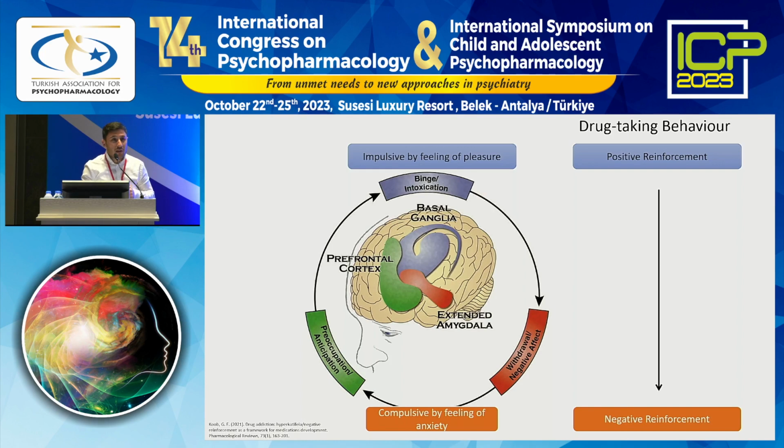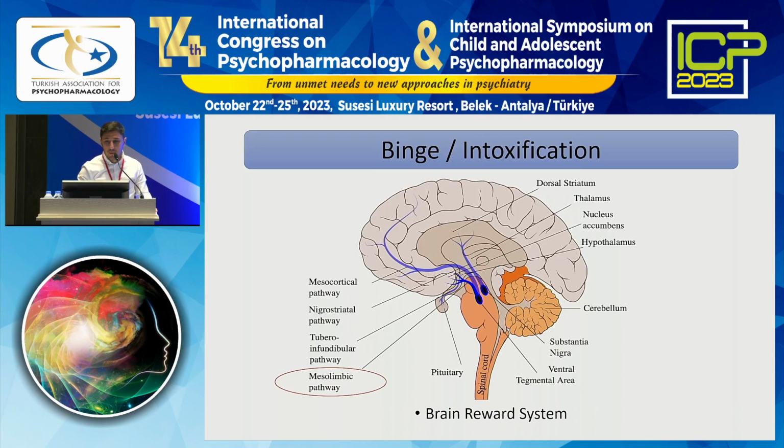But in time, after neuroadaptation, things would change, and the negative reinforcements will be in the front. Therefore, we will rather be speaking about drug use to avoid negative reinforcement this time.